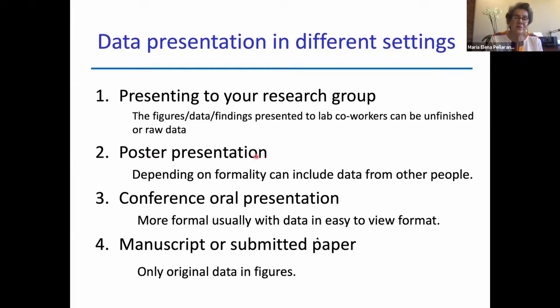You can do poster presentations, and depending on the formality, you can include data from other people. You can present it in conferences, more formal. Usually the data is easy in a review format. These are ways of presenting, you present an article.